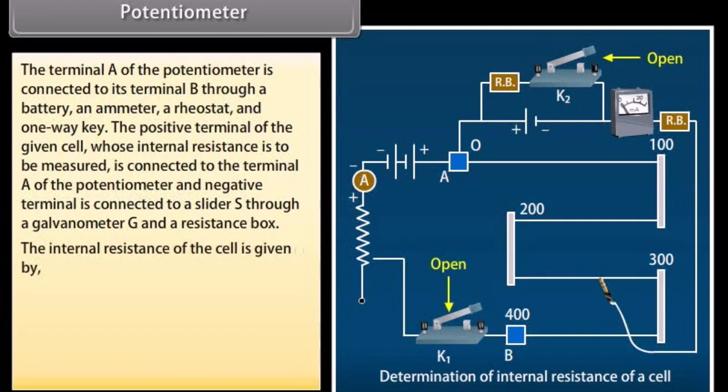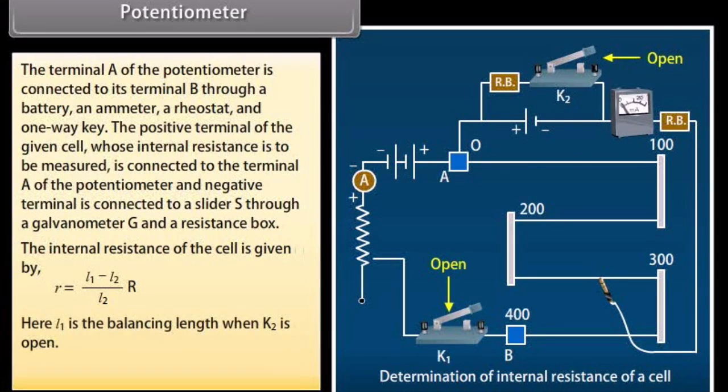The internal resistance of the cell is given by r = (L1 - L2)/L2 multiplied by R. Here, L1 is the balancing length when K2 is open. L2 is the balancing length when K1 is open.